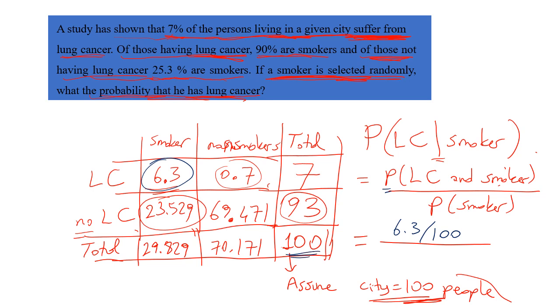The probability of smoker is 29.829 over 100. If we do this calculation, the 100s cancel out, and we get the answer as approximately 0.21.